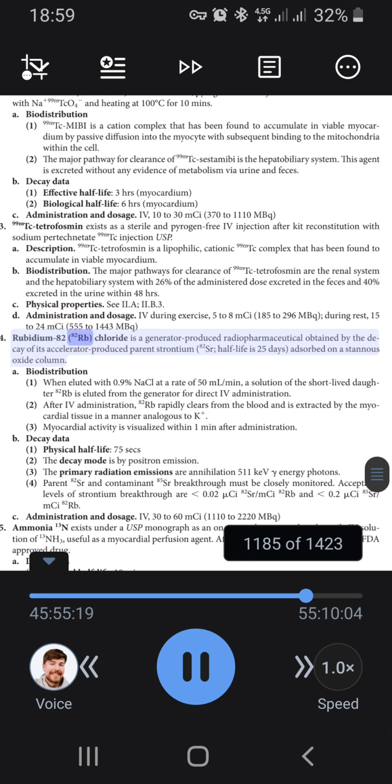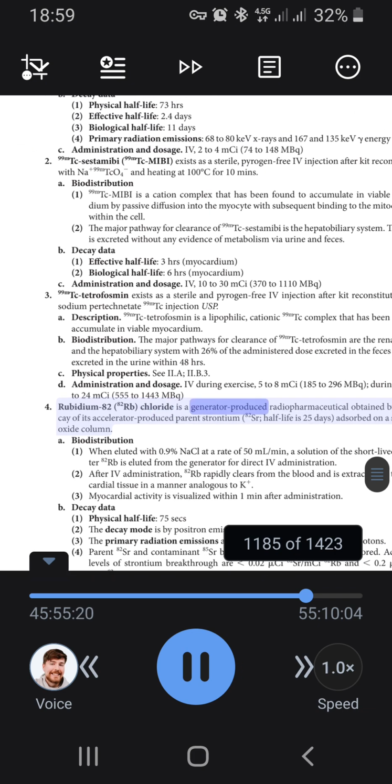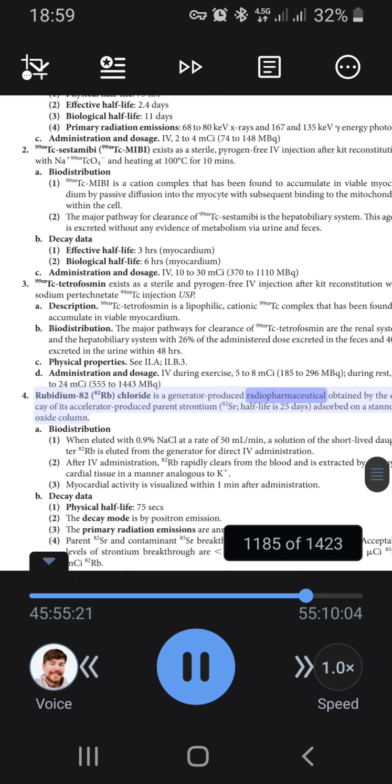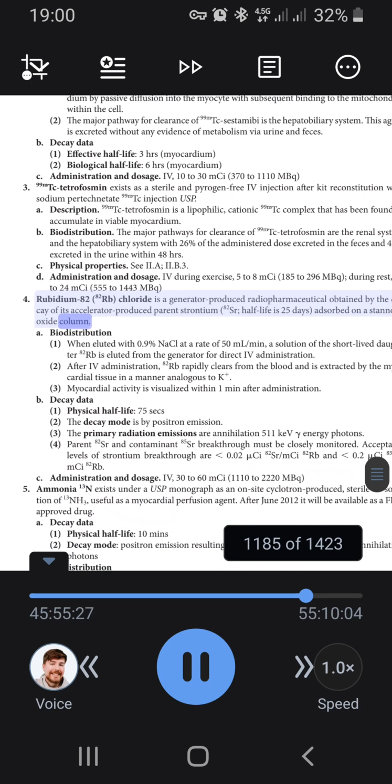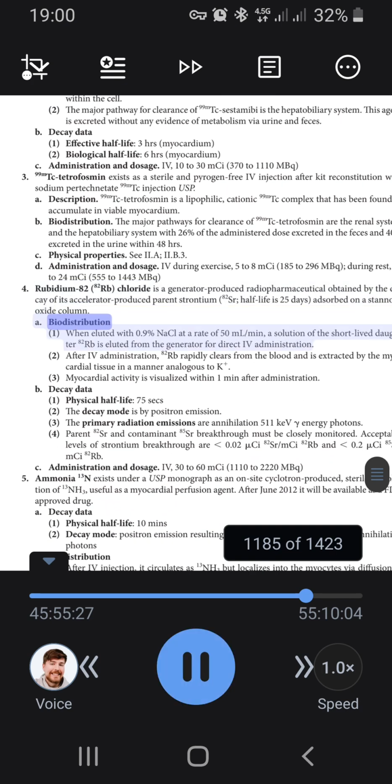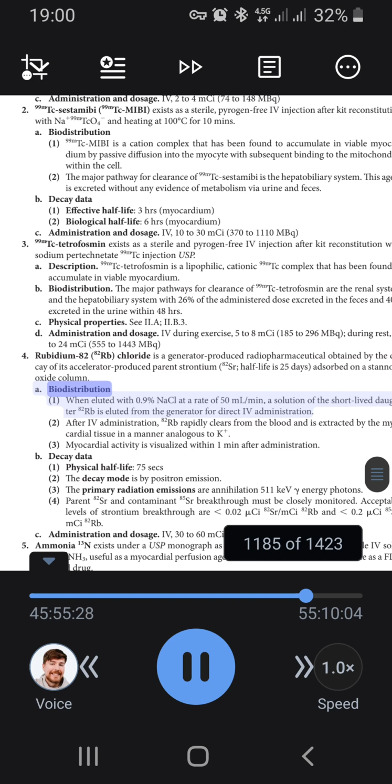4. Rubidium-82 chloride is a generator-produced radiopharmaceutical obtained by the decay of its accelerator-produced parent strontium-82, half-life 25 days, adsorbed on a stannous oxide column. Biodistribution. 1.